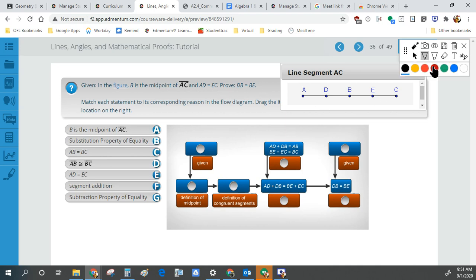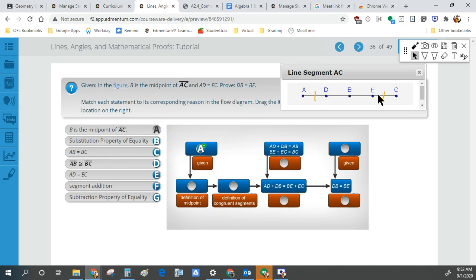Just to do a little illustration, they're saying this line is equal to that line. And these little hash marks are a way to let us know that they're equal. Oh, they also told us that this point B is the midpoint of this whole line. So that's given.